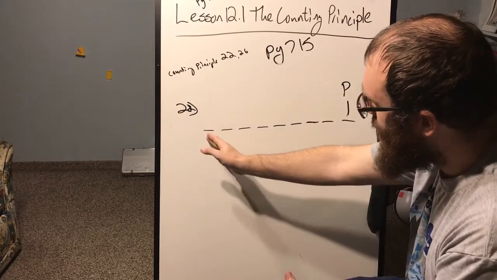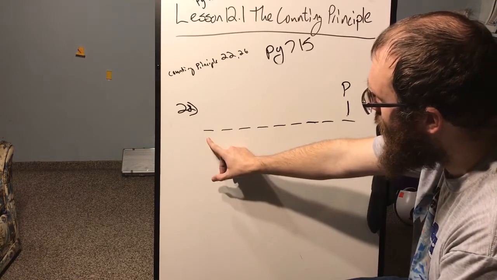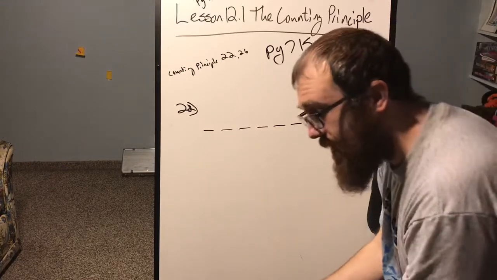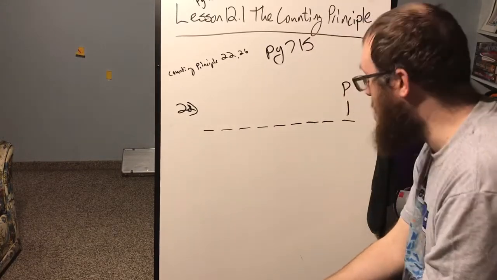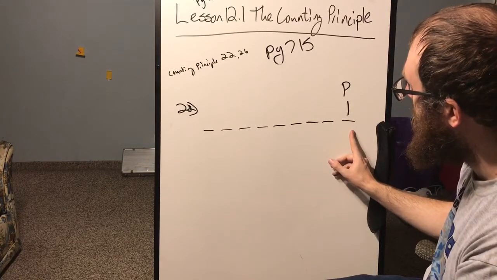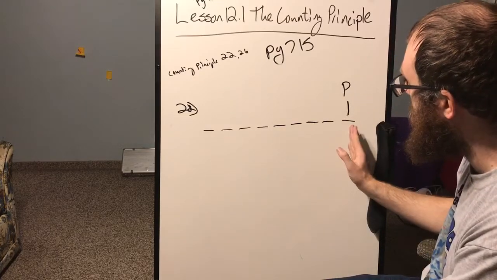When I start down here on the end, let's say that I'm starting with position number 1, how many different guys could I put in that position? Well, there's 9 guys on a baseball team at any given time, and the pitcher is already here. I can't put him down here. I have to put him here.